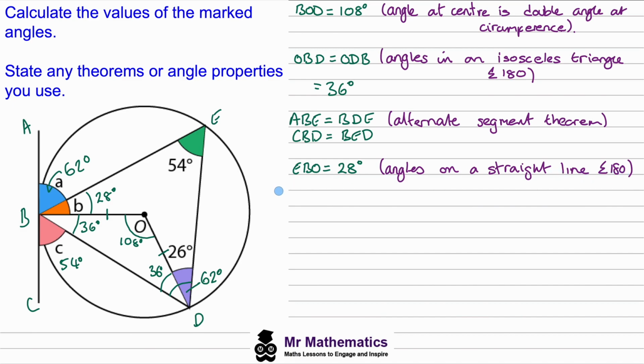And we can check this works, because if we added up all the angles in this quadrilateral, we know this one will be 360 take away the 108, then these four angles would add up to 360, which they do, okay?